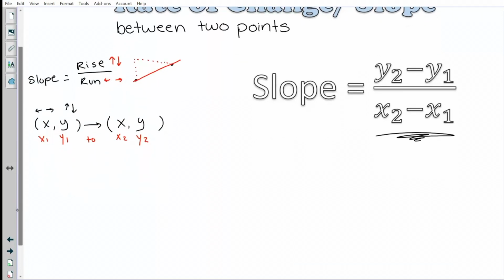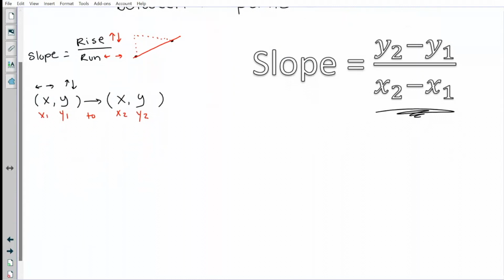So let's say I had an example like (4, 3) and (8, 6). Now, this is where I started, so this is my x1, y1. This is where I'm going to, so this is x2, y2. Now I'm going to plug them into my formula.